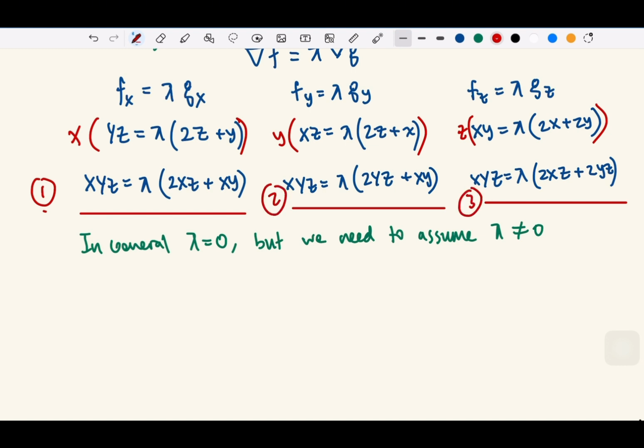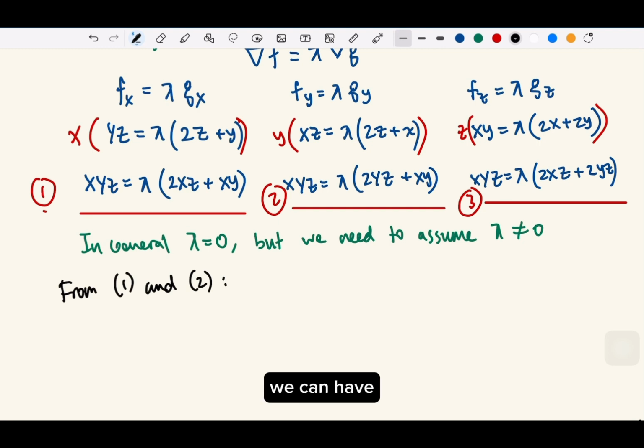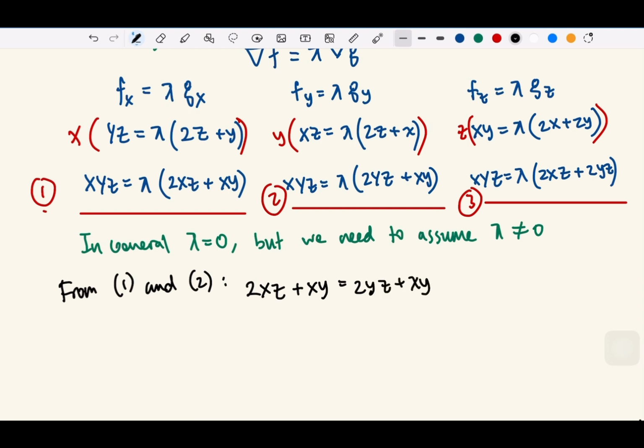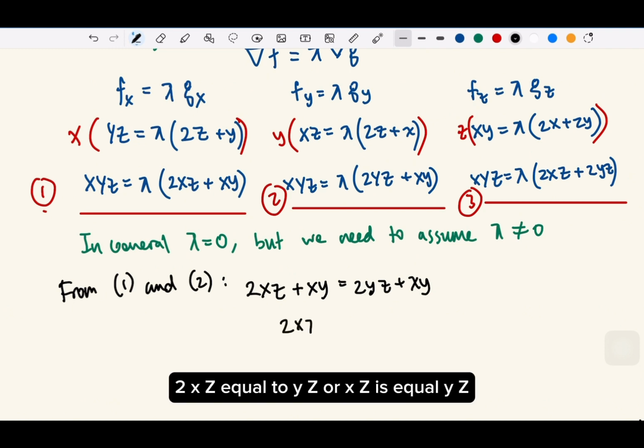From 1 and 2, we can have 2xz plus xy equal to yz plus xy, which gives 2xz equal to yz, or xz equal to yz.